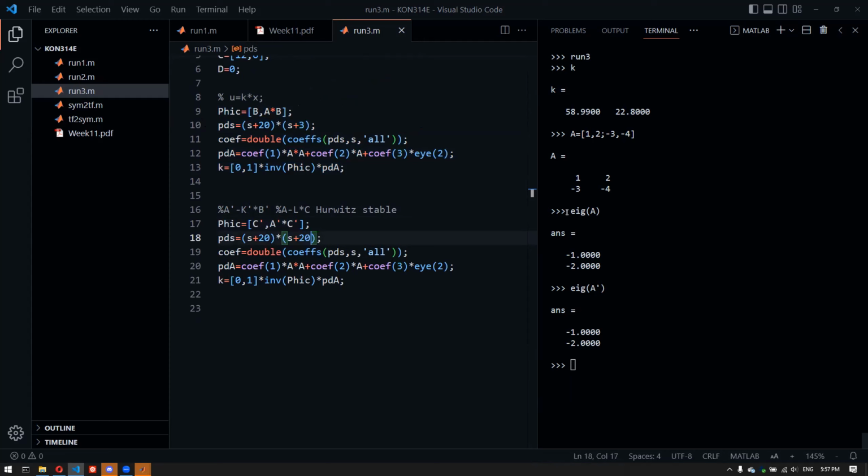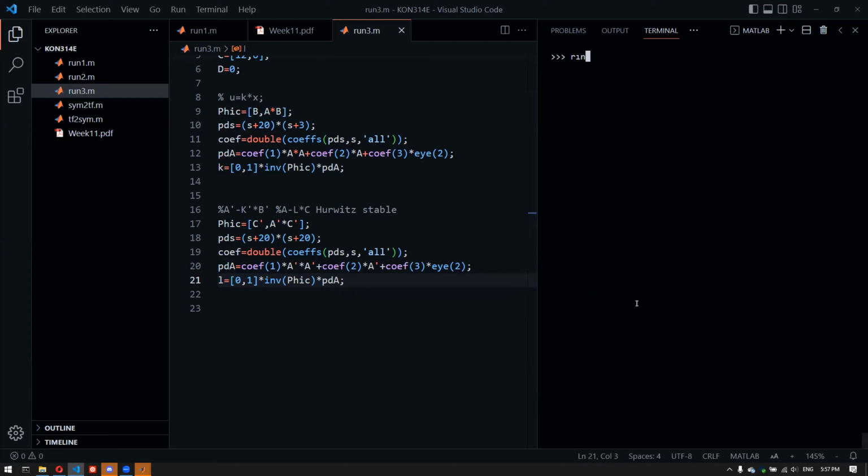Now, let's assume we just take 20 and 20 for some reason, I don't know. And then we do the same, but with A transpose. And here we have that. We have phi C and then PDA, but we will take the results transpose here. So let's call this L. And yeah, let's see what happens.